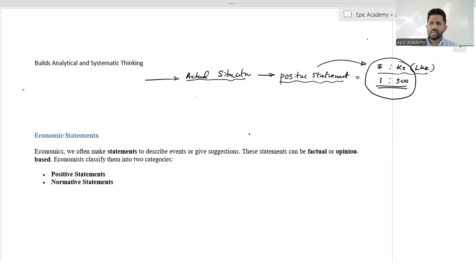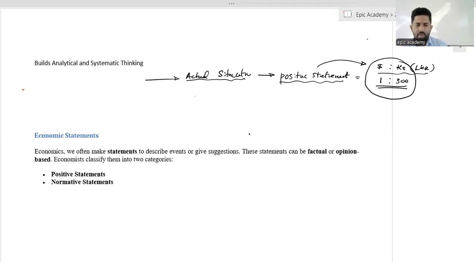If I'm going to describe anything by using real world data or actual situations, it must belong to the positive statement. Positive means the actual situations. It's not imagined things. It's not expected things. It is just what happened and what is happening in the economy, described by the positive statement, right?